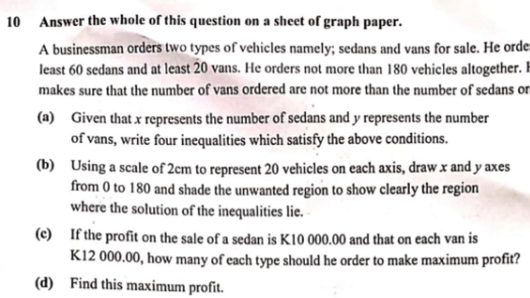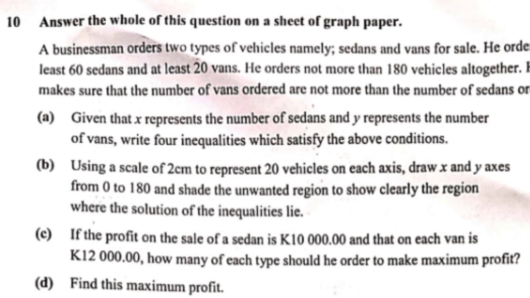So for question 10, this is linear programming, and they have said answer the whole of this question on a sheet of graph paper. A businessman orders two types of vehicles, namely sedans and vans, for sale.